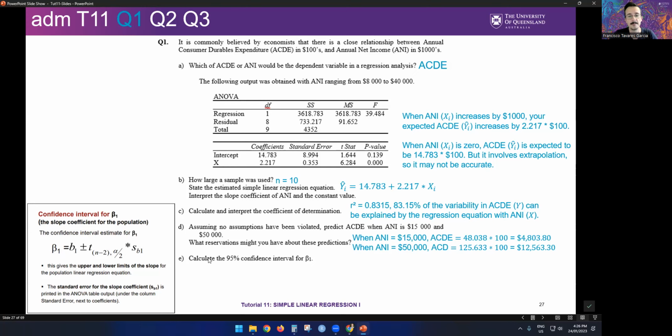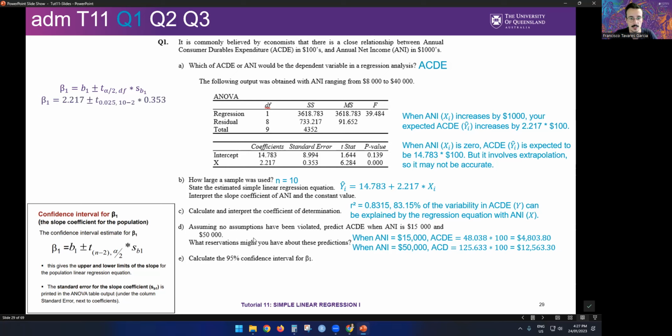Therefore, 95% has an alpha of 5. Dividing it by 2 will be 2.5%, or 0.025. I put the formula in here. This is multiplying our SB1, so the standard deviation for B1.